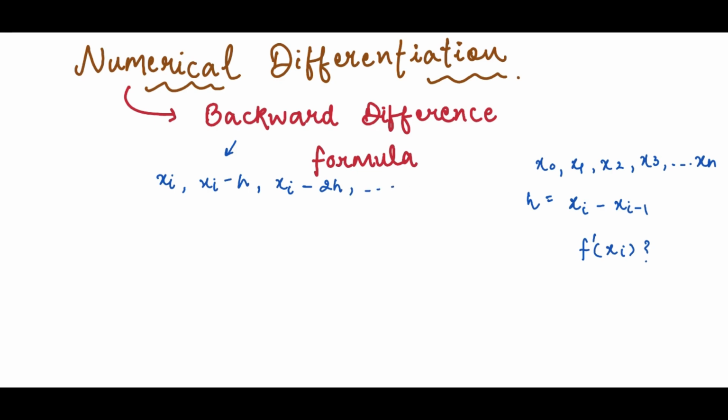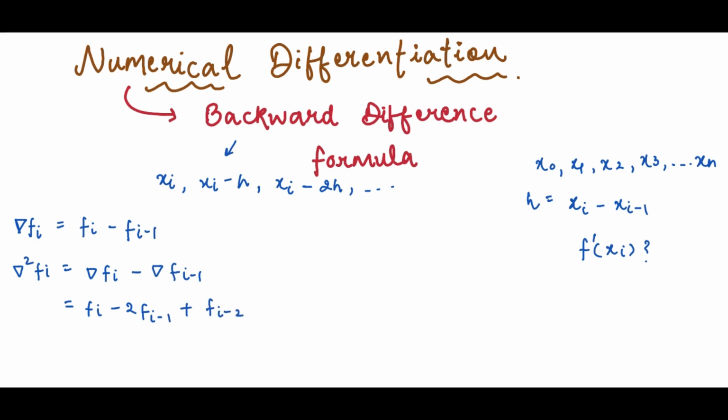Before deriving the formula, let's introduce the backward difference operator. The backward difference of fi is defined as nabla fi equals fi minus f of i minus 1. Then the second backward difference is nabla square fi equals nabla fi minus nabla f of i minus 1, which gives fi minus twice f of i minus 1 plus f of i minus 2.